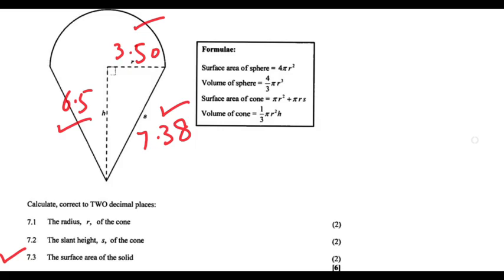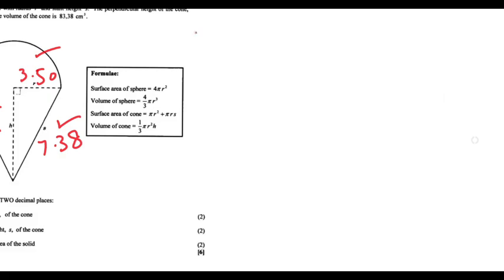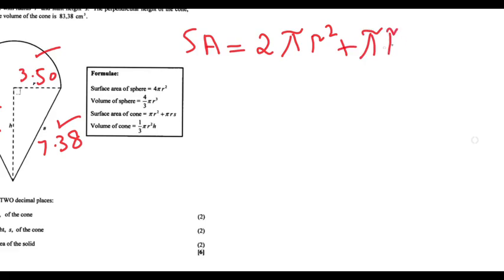So we need to modify the formula. The formula is going to be: surface area is equal to 2 pi r squared, that is the lateral surface area for the hemisphere, plus for the cone the lateral surface area is pi r s.